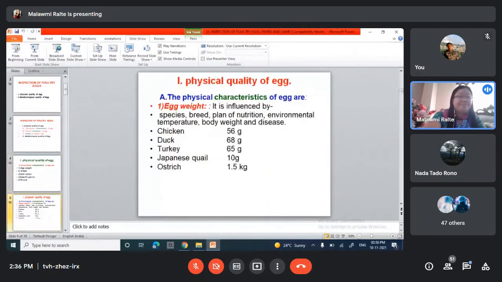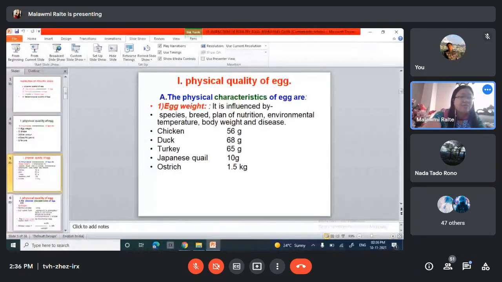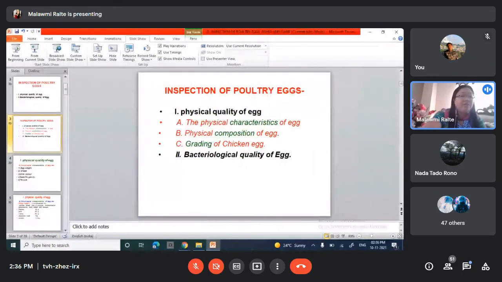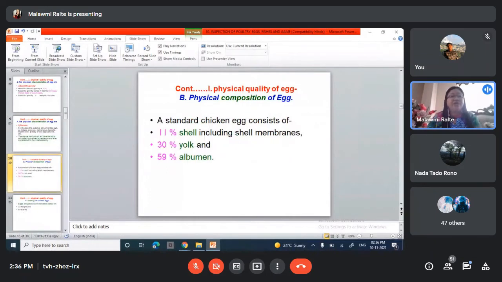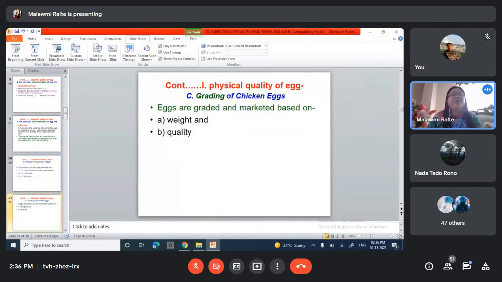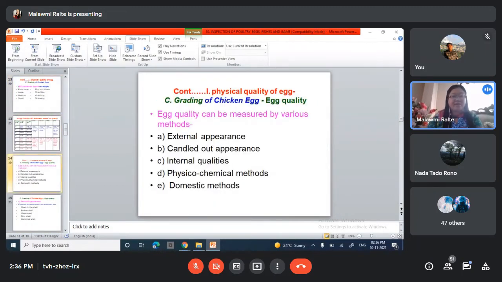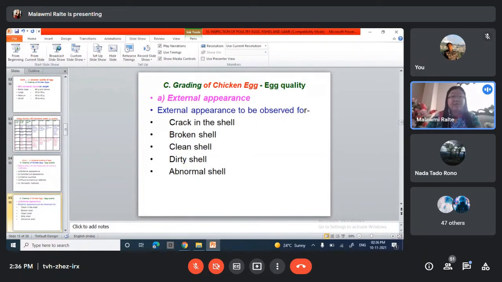Then coming to the second one, that is the physical composition of the egg, we have three parts, as I have said, right? We have shell, yolk, and the albumin. And after this, we have grading of the chicken egg. So it is based on the weight and the quality. So we can grade the chicken egg externally and internally, isn't it?